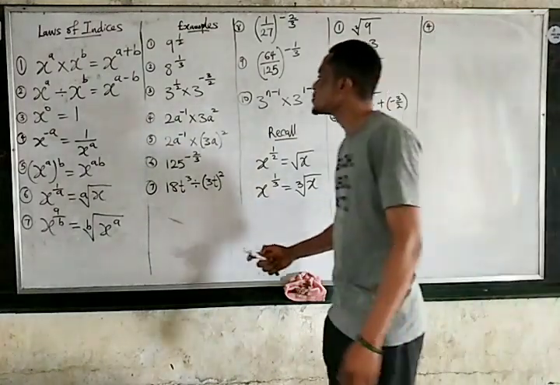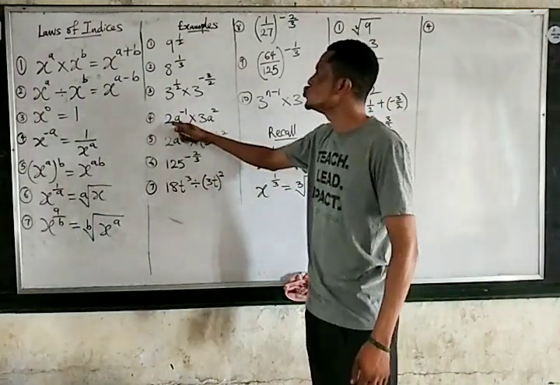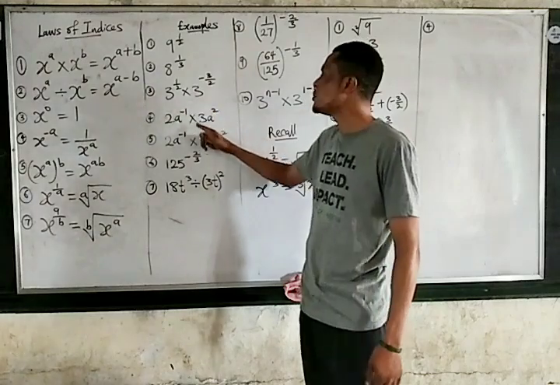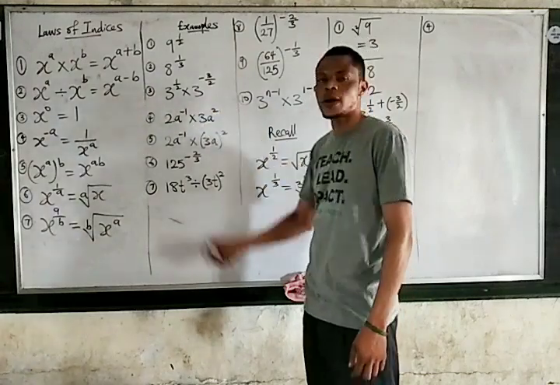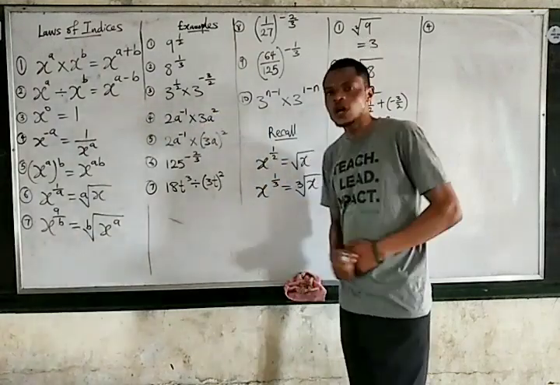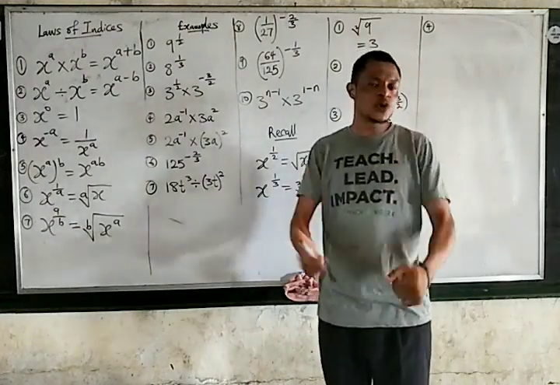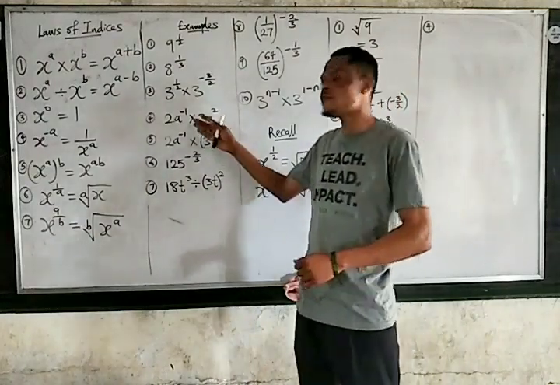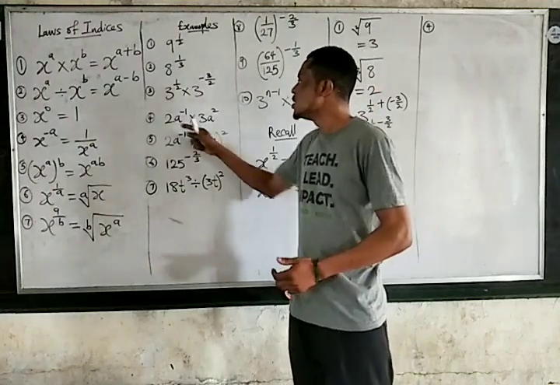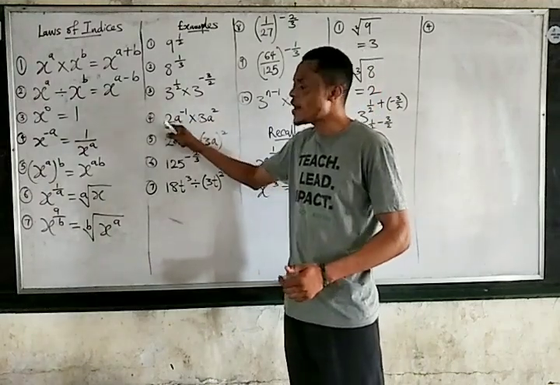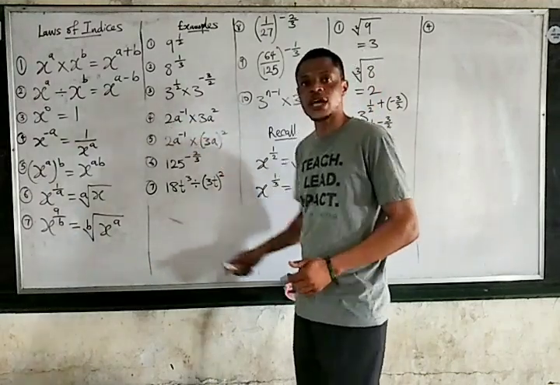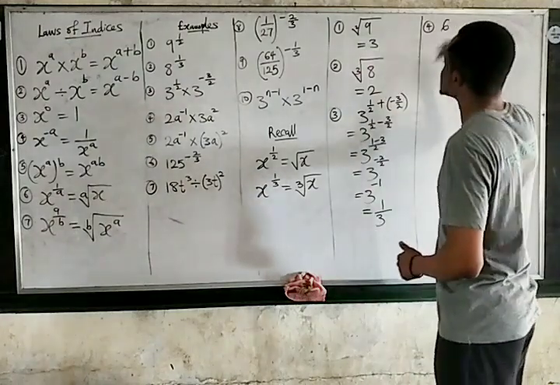So the fourth: 2a raised to the power minus 1 multiplied by 3a raised to the power 2. We can solve this one too by implementing the first law of indices. It will be quicker to use that, though we have other means of solving it. We have 3 and we have 2. We multiply them together to have 6.